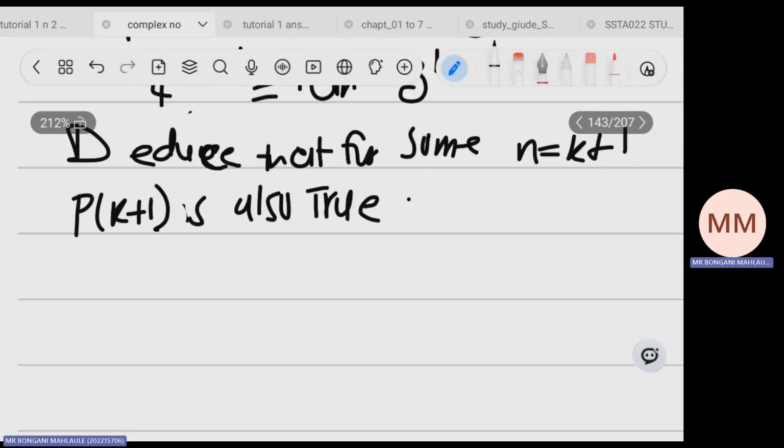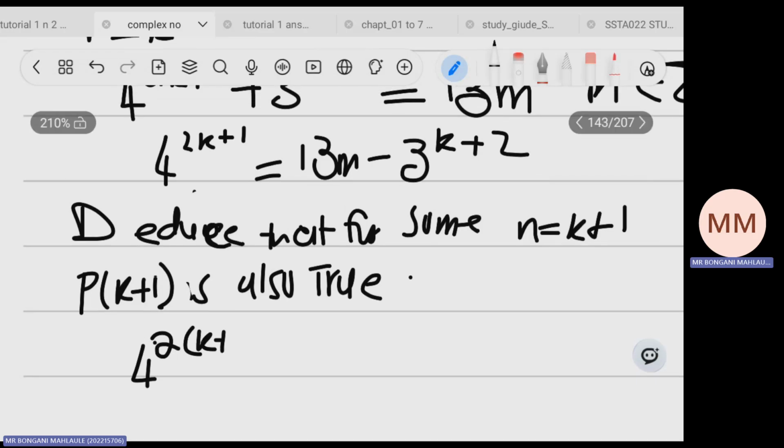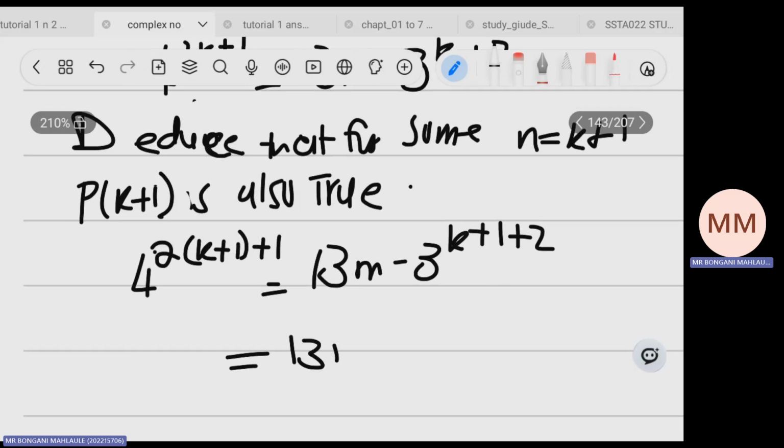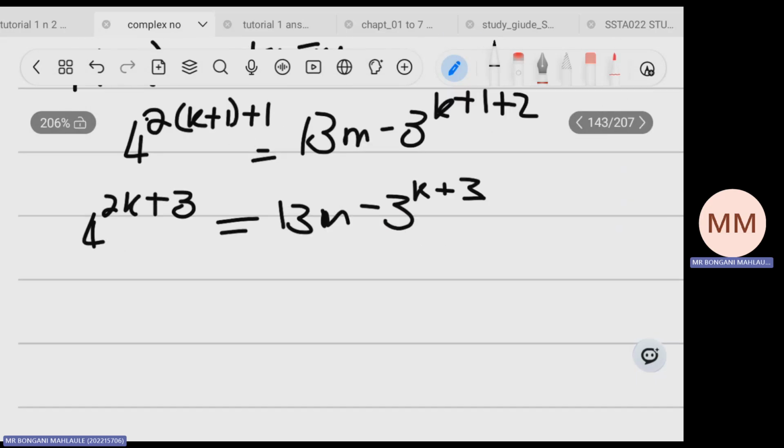So I'm going to say this is 2 into k plus 1 plus 1, k plus 1 plus 2. That this is just 13m for 2k plus 3.